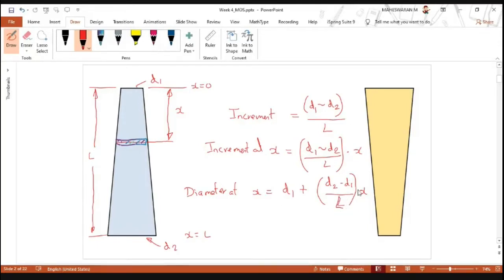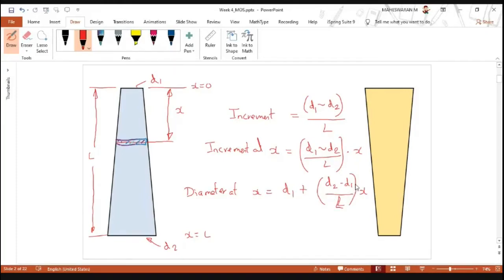Now if I substitute x is equal to 0, this entire term will get cancelled. When x is equal to 0, you get diameter d1. When I put x is equal to L, d1 plus d2 minus d1 by L into L. So L gets cancelled: d1 plus d2 minus d1.